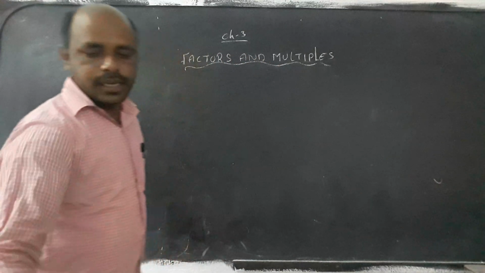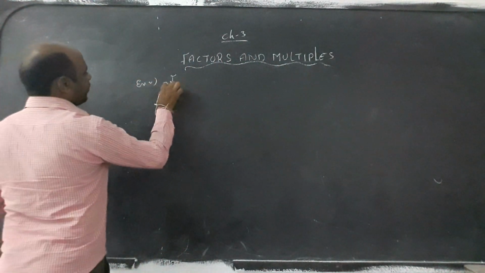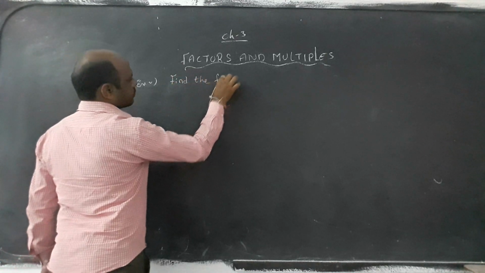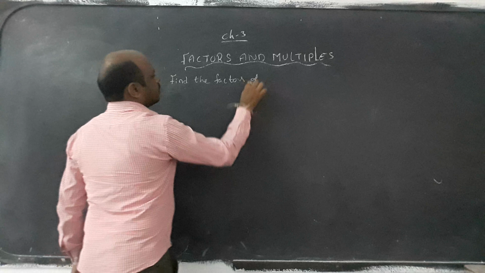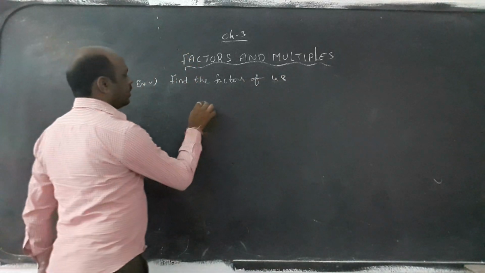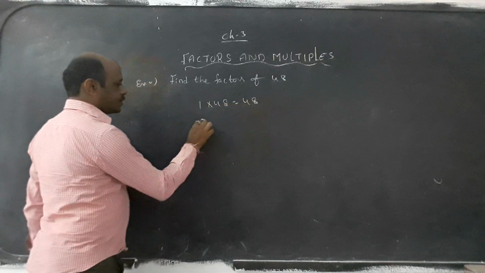See, now example number 2. Find the factors of 48. See, the 1 table we have read directly. 1 into 48, it will be 48. Next, 2 table.